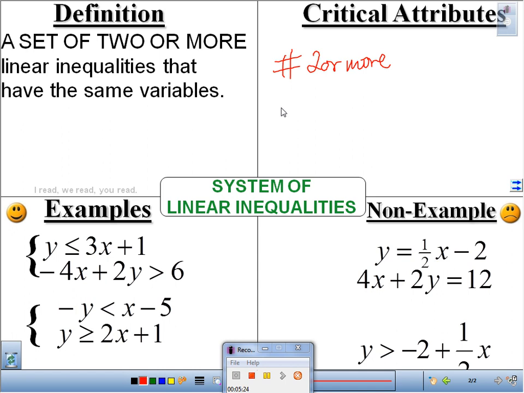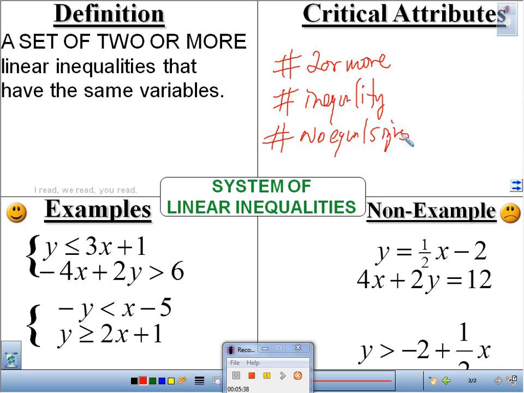Daniel, hashtag inequality. Raya, hashtag no equal signs. Elias, hashtag same variables. We good? All right.